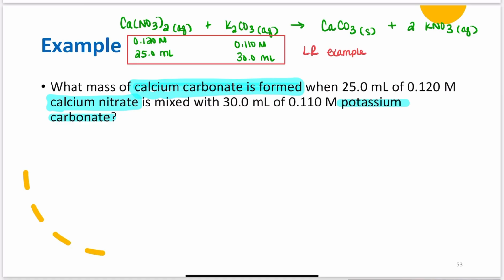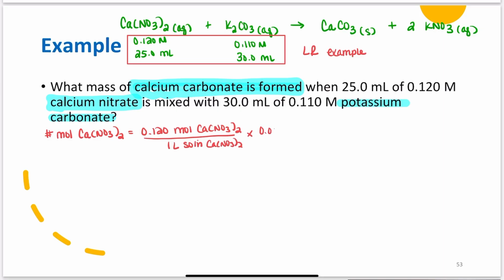So first thing I'm going to do is convert everything I have to moles. So the number of moles of calcium nitrate: I have 0.120 moles of calcium nitrate for 1 liter of calcium nitrate solution specifically.